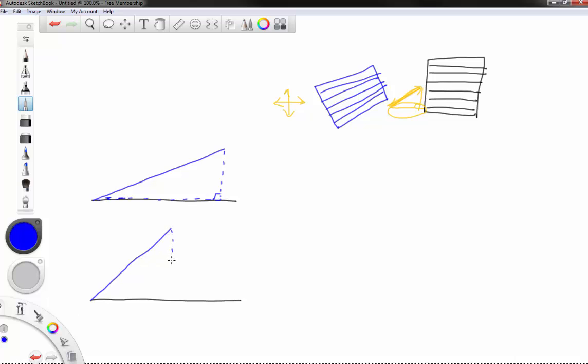Well, notice that again I can make a triangle out of it. The triangle looks something like this, and in both cases the part that actually makes it through the analyzer is the part that represents the length of the base. So you can see that that's a different amount in these two cases.